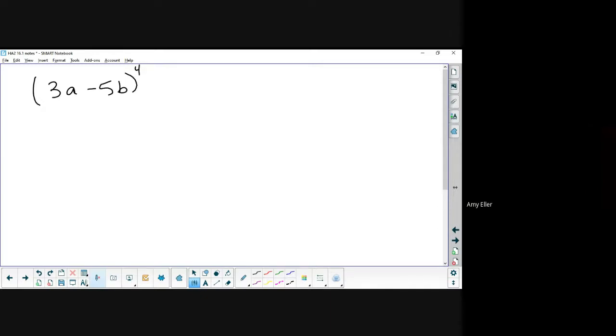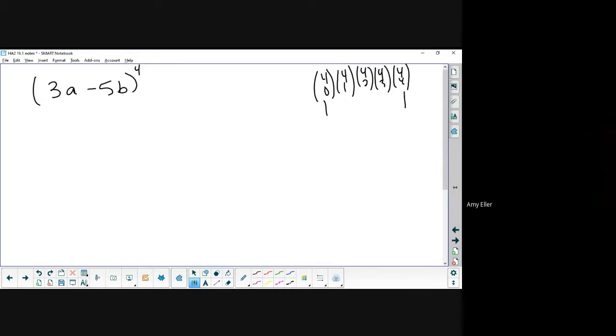We're going to first do the coefficients. So these are in Pascal's triangle, but if they weren't, you would do 4 choose 0, 4 choose 1, until you got all your coefficients. We know they're always going to start and end with 1.